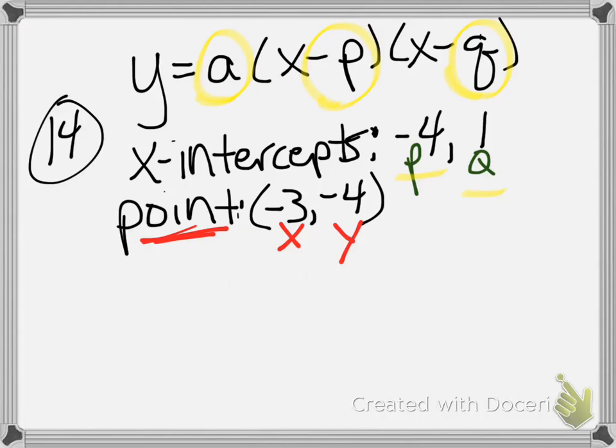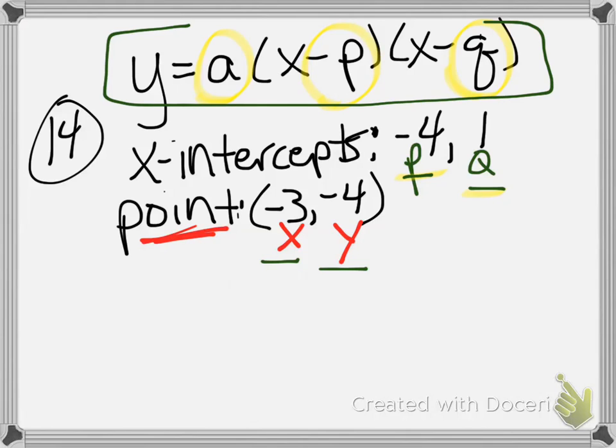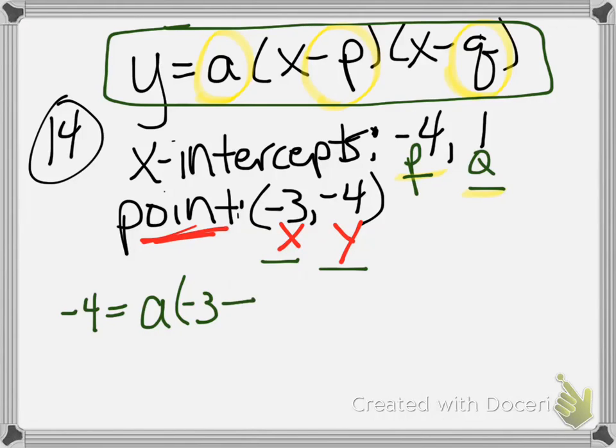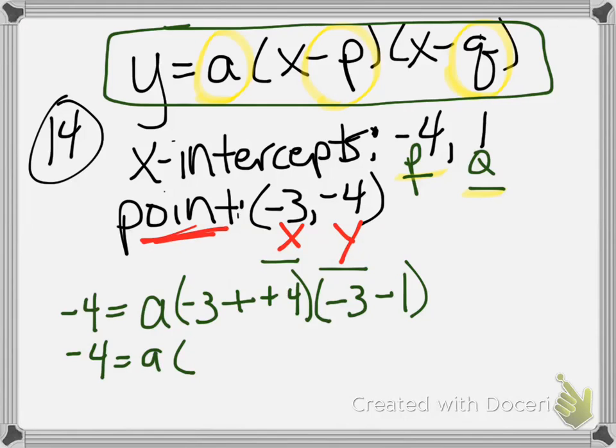So to do that, I'm going to plug in the P, the Q, the X, and the Y into this original equation up here. So the y value is -4. A is what we're trying to find. The x value is -3 minus the p value, -4, times the x value, -3, minus the q value, which is 1. -4 equals A times (-3 plus 4, which is 1) times (-3 minus 1, which is -4).